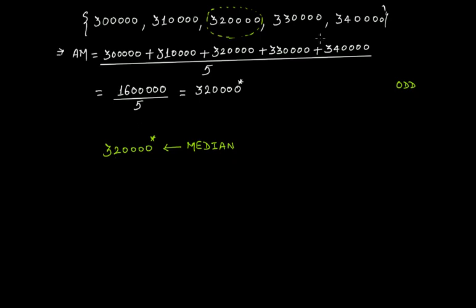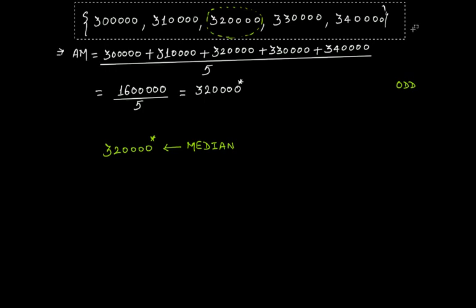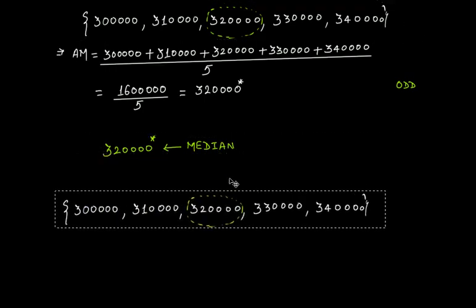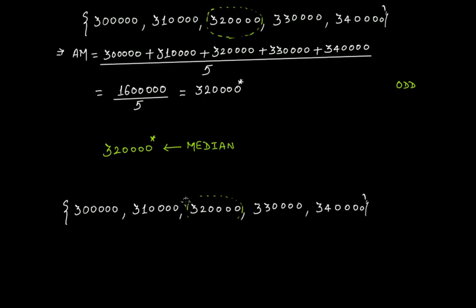So now your data set is something like this. Let me copy it here. This time, after 3,40,000, you have one person in this group who earns 1 crore annually.